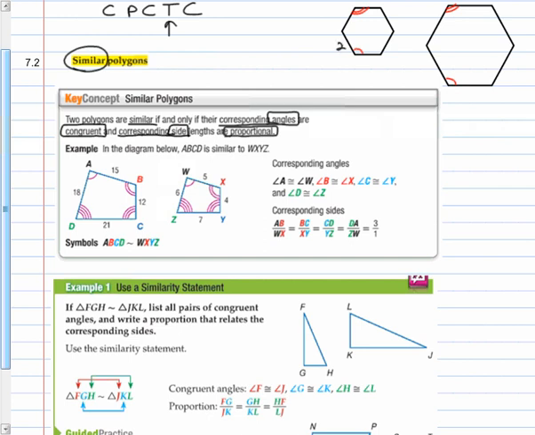If this is 2 and this is 1, and this is 4, then this would have to be 2. 2 to 4 is the same ratio as 1 to 2, so they are proportional to each other. So in similar polygons, the corresponding angles are congruent, same measure, but the corresponding sides are proportional.